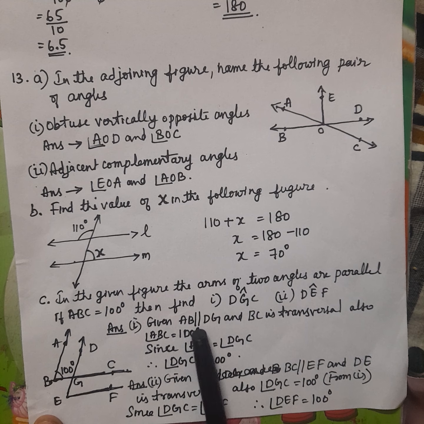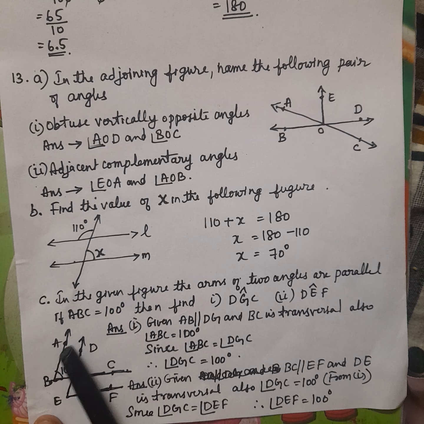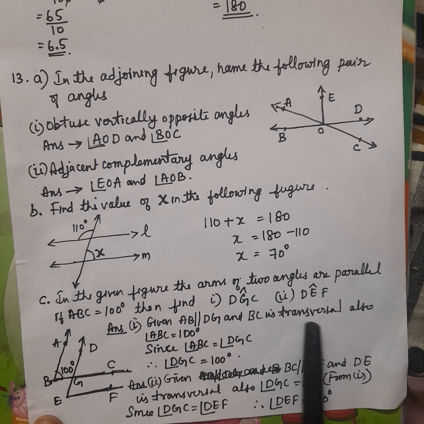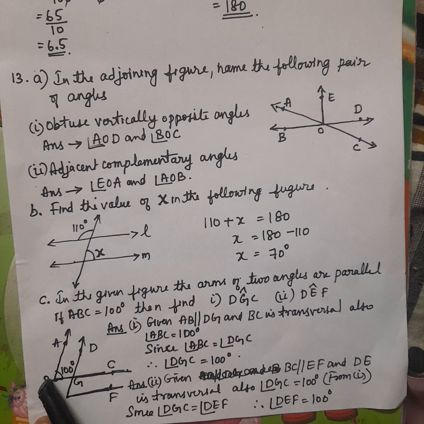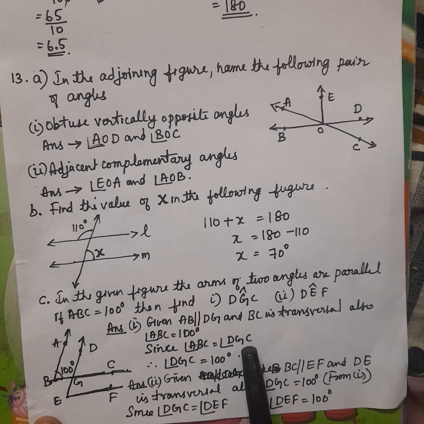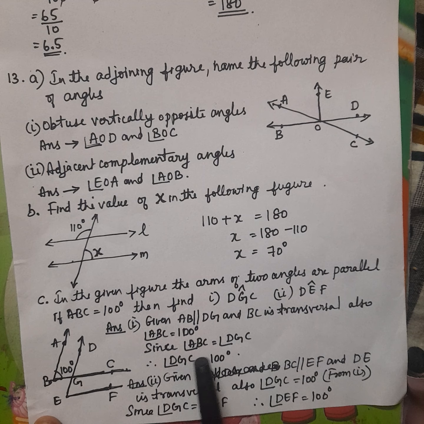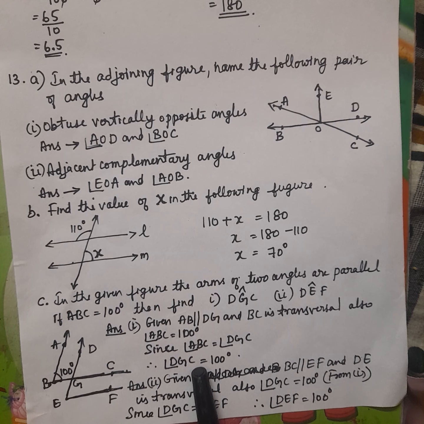Given AB is parallel to DG, and BC is a transversal. Also, angle ABC is equal to 100. So when angle ABC is 100, then angle DGC should also be the same. So angle ABC is equal to angle DGC, and angle DGC is also 100 degrees.